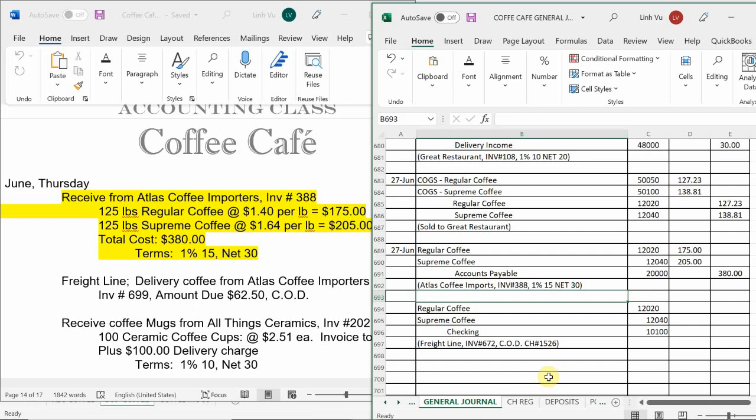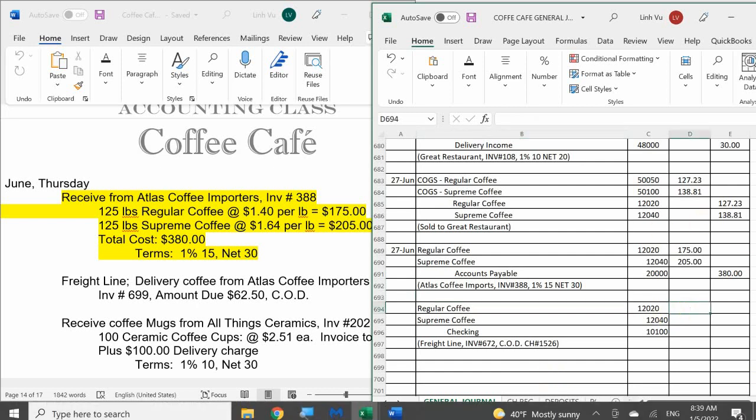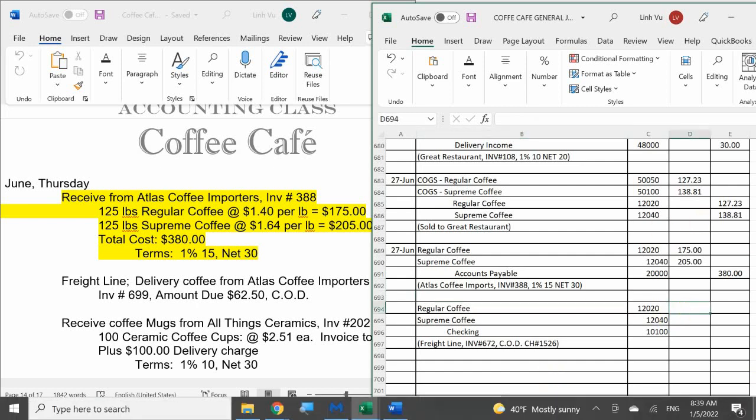All right. Do you want to do the freight together? Yeah. Okay. So 62.50, which is 31.25. That means you need to write a check for 62.50 because it's COD.